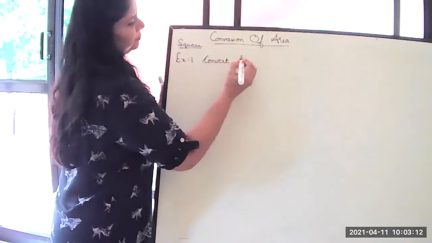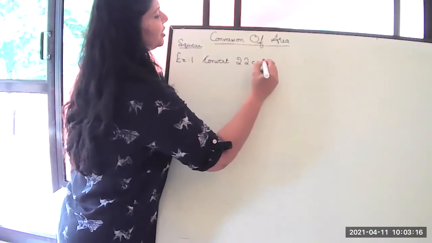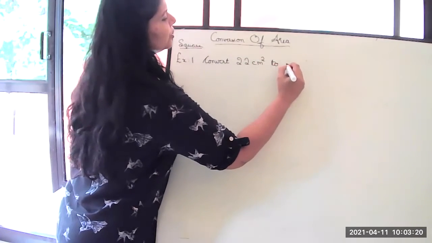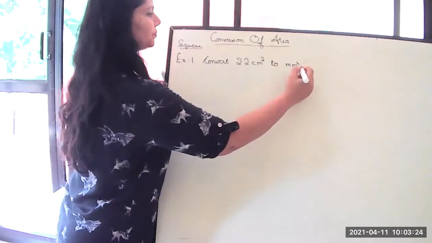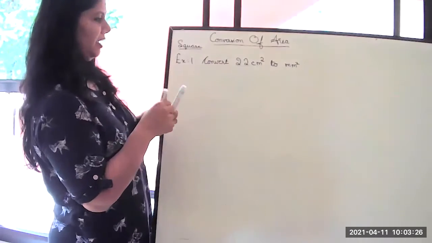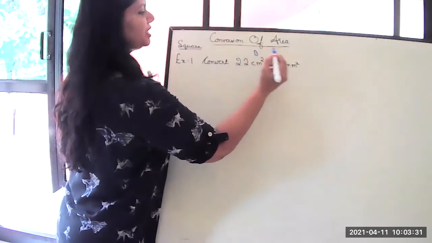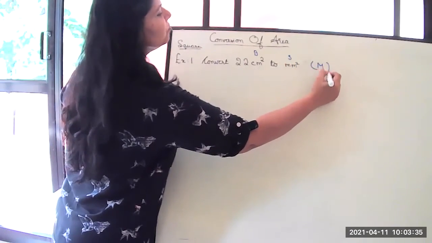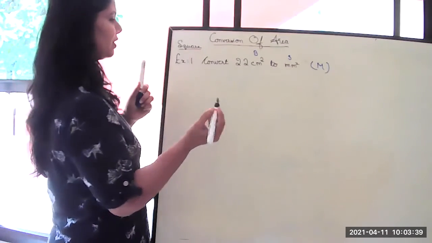So convert 22 centimeter square to millimeter square. So again here, centimeter is the bigger unit and millimeter is the smaller unit. So you have to multiply.